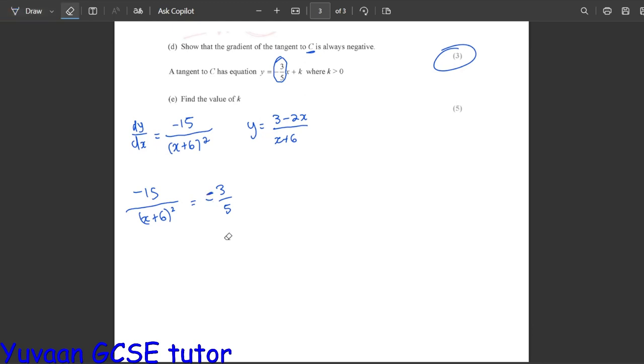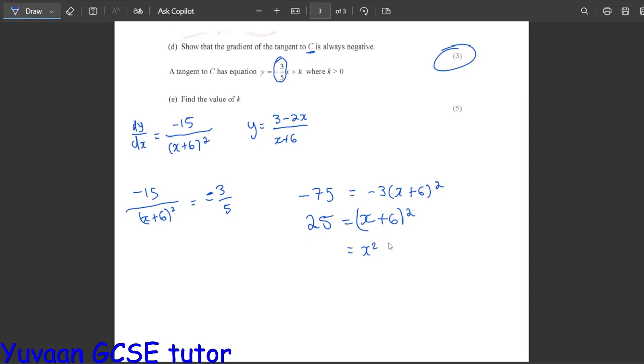So guys, what we do is cross multiply first. 5 times minus 15 is minus 75, which is equal to minus 3 times x plus 6 squared. Then divide everything by minus 3, and you get 25 is equal to x plus 6 the whole squared.